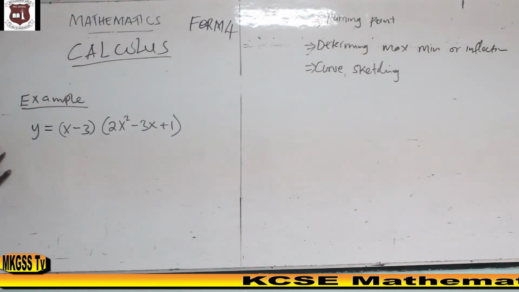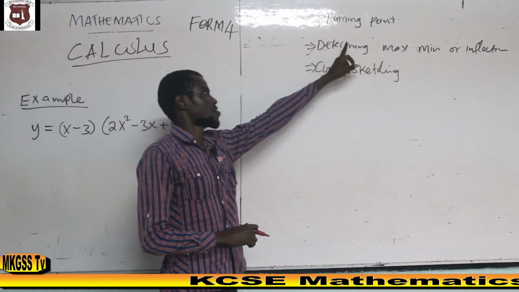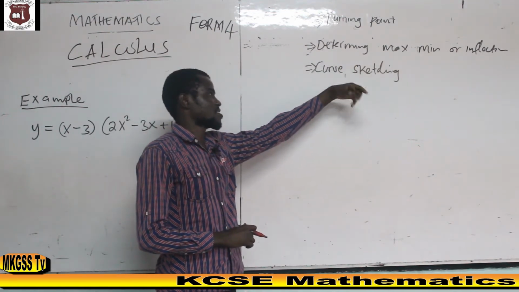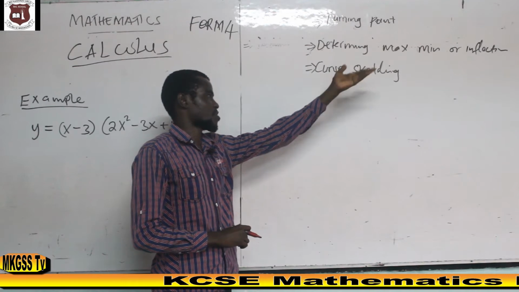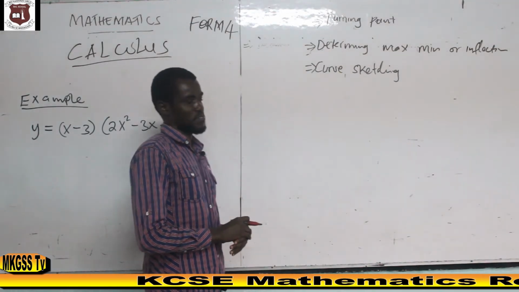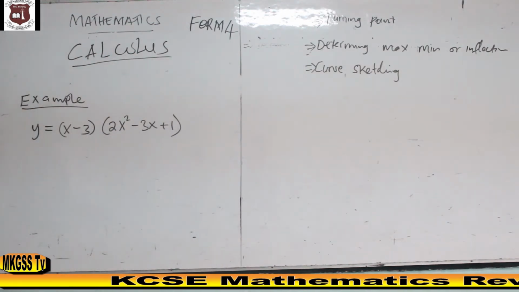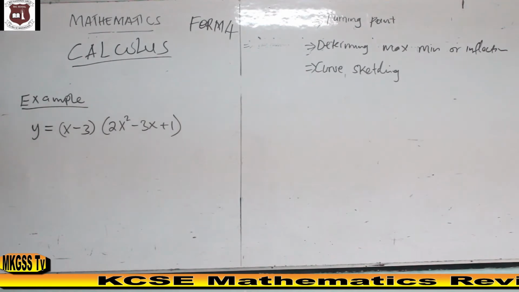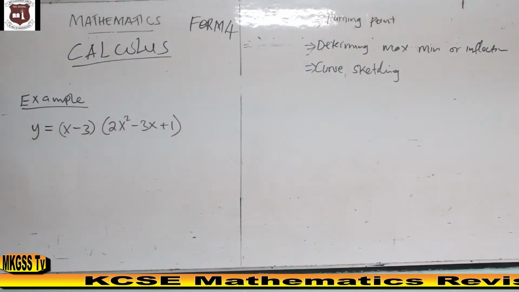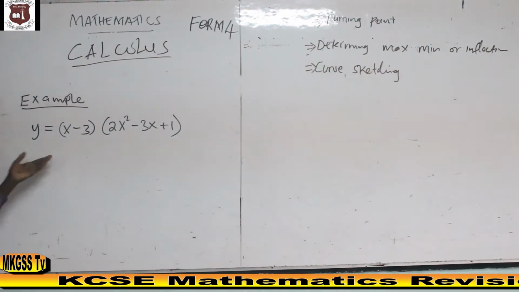So we are going to go through this topic with our concern areas, that is turning point, determining maximum, minimum, or point of inflection, and also curve sketching. So it means in that case you will be given an equation of a curve, just for instance like the one we have on the board, like this.